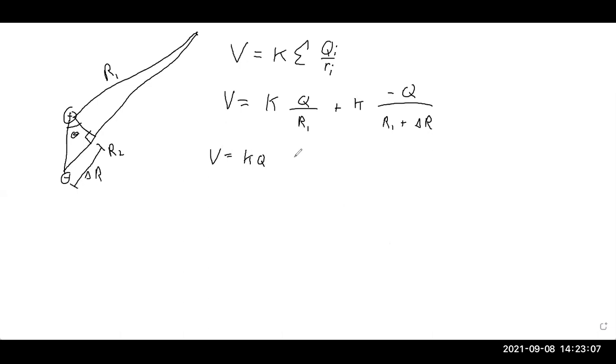Doing some algebraic manipulation on it, if we just cross multiply our terms, 1 over R1 and 1 over R1 plus delta R, we end up with delta R for this.